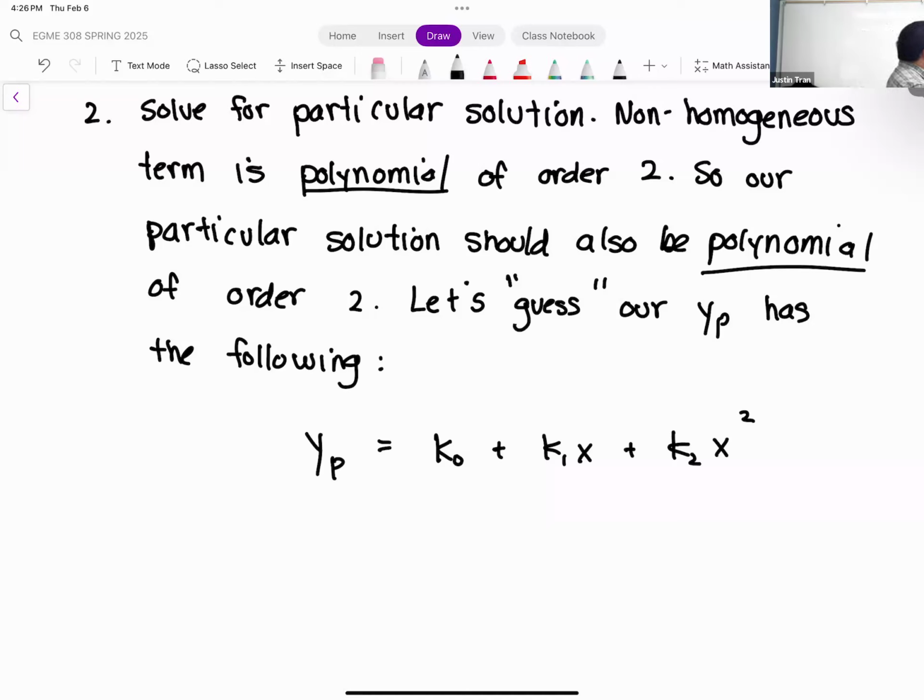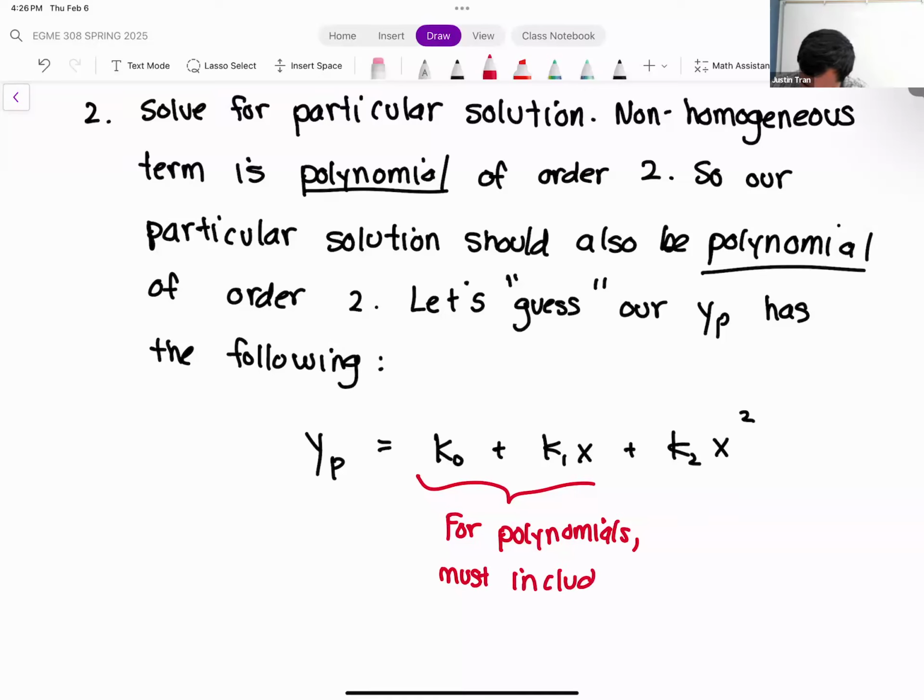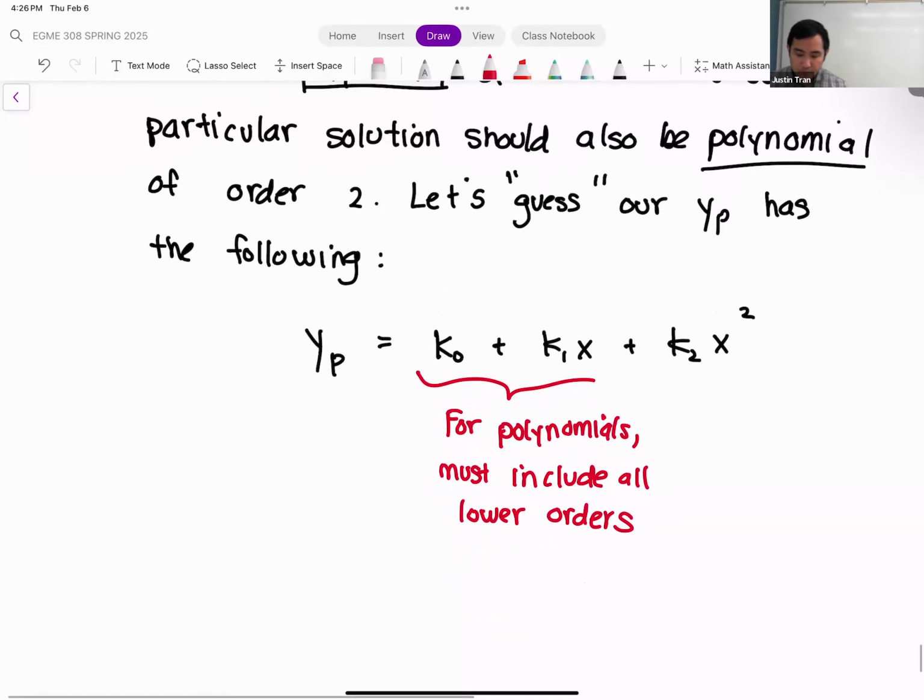Even if your non-homogeneous term is a polynomial and it doesn't have the linear term or the constant term, you have to include every single polynomial order up to that one. Polynomials are kind of unique in that sense, where you have to include all the lower order terms as well.